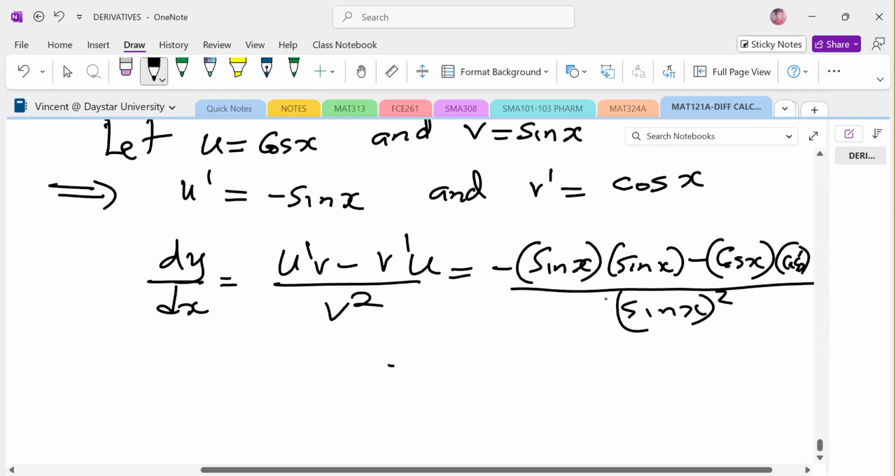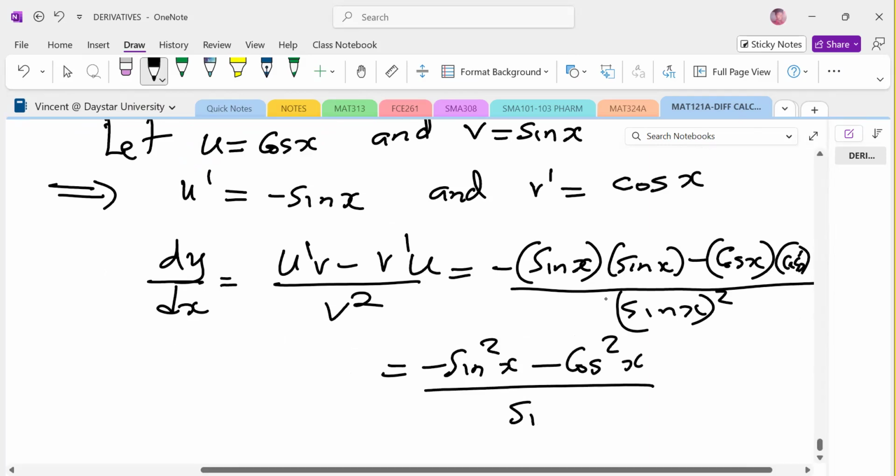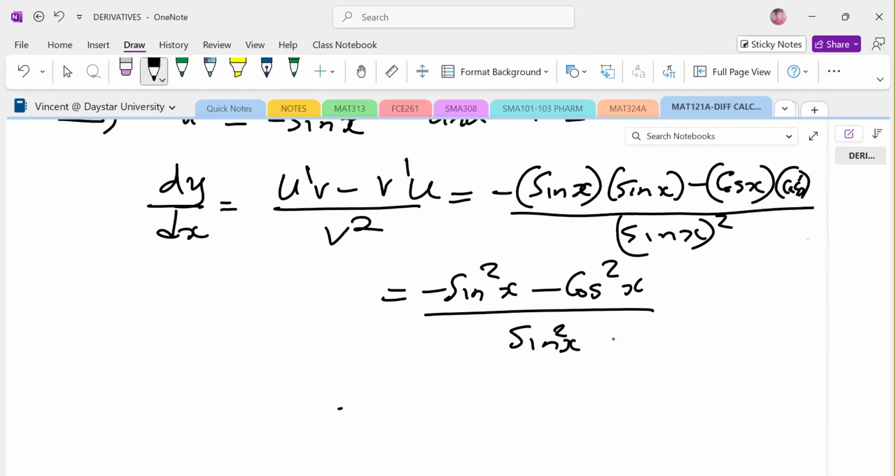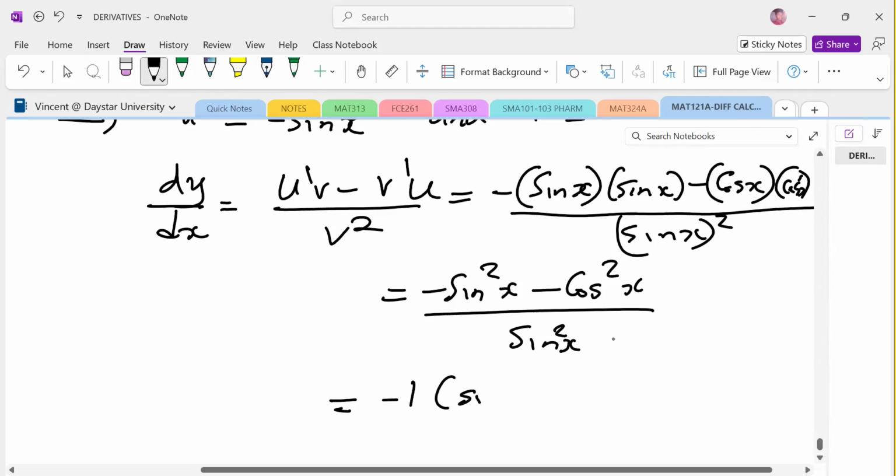So we'll get minus sin squared x minus cos squared x, over sin squared x. So minus can be factored in the numerator so that we have minus 1 into sin squared x plus cos squared x, divided by sin squared x.